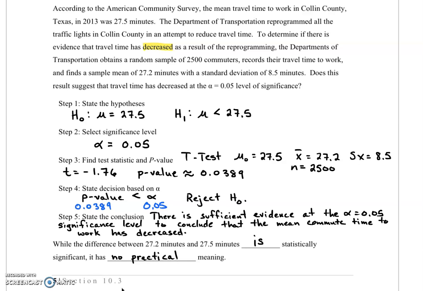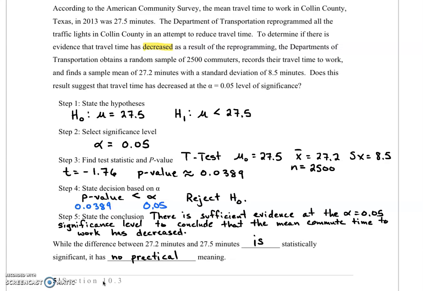Why not? That's 0.3 of a minute. So that's 18 seconds. If your commute is 18 seconds faster, does it really matter? I mean, 18 minutes maybe, but definitely not 18 seconds.